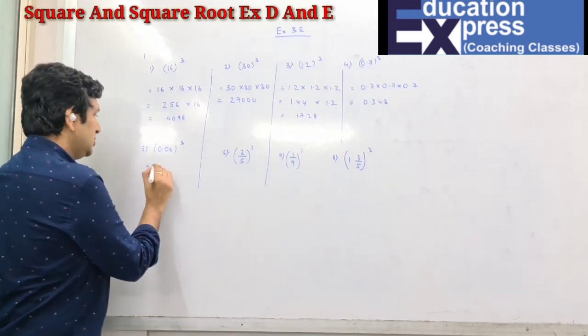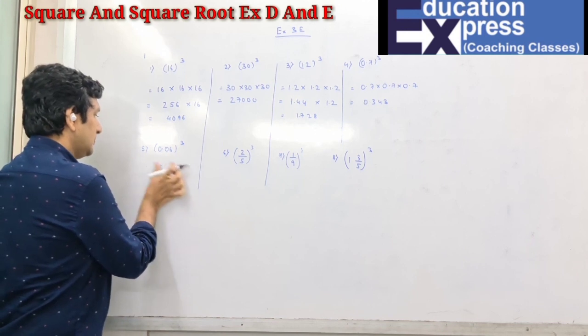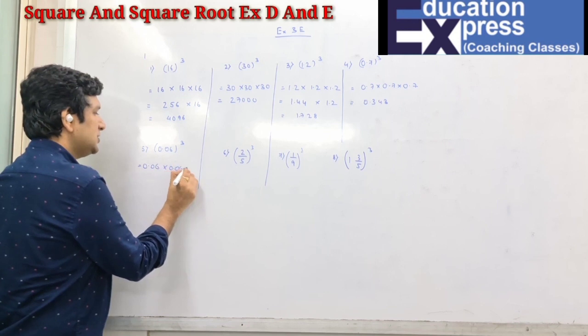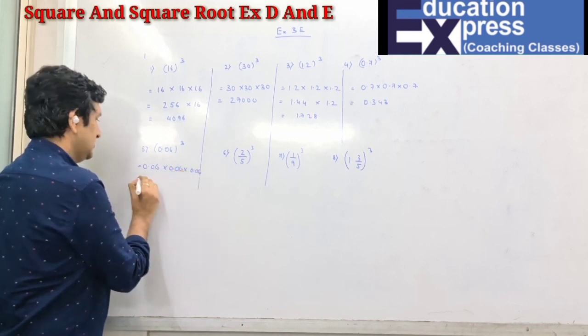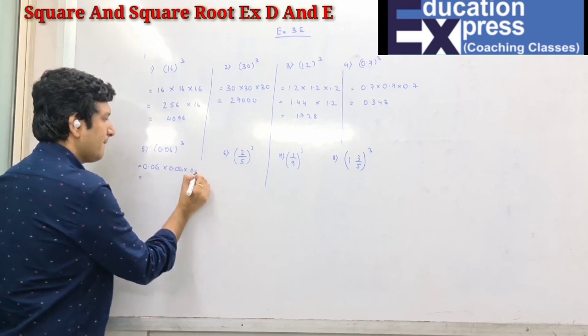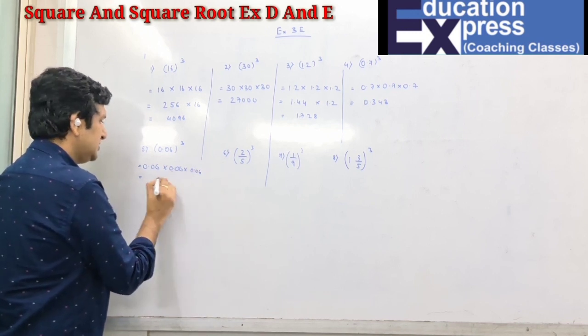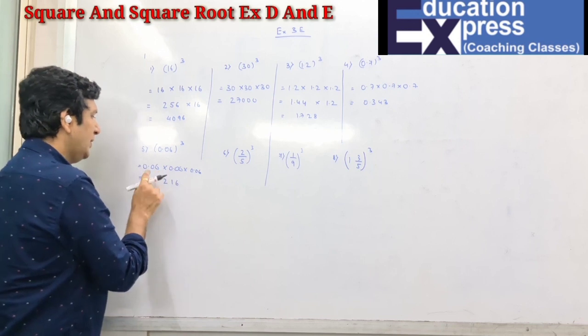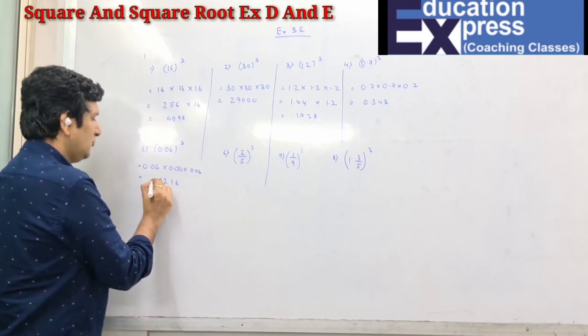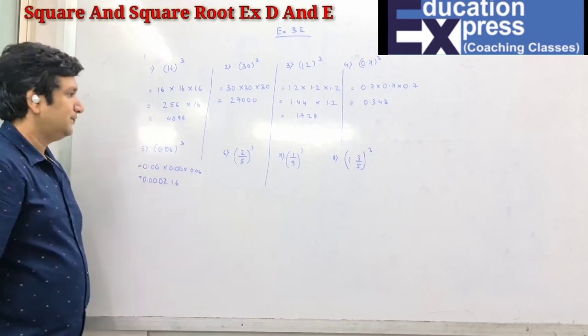Then 0.06 into 0.06 into 0.06. 6 6s are 36, 36 6s are 216. Now how many decimals, students? 1 2 3 4 5 6. So 0.000216 is the answer.